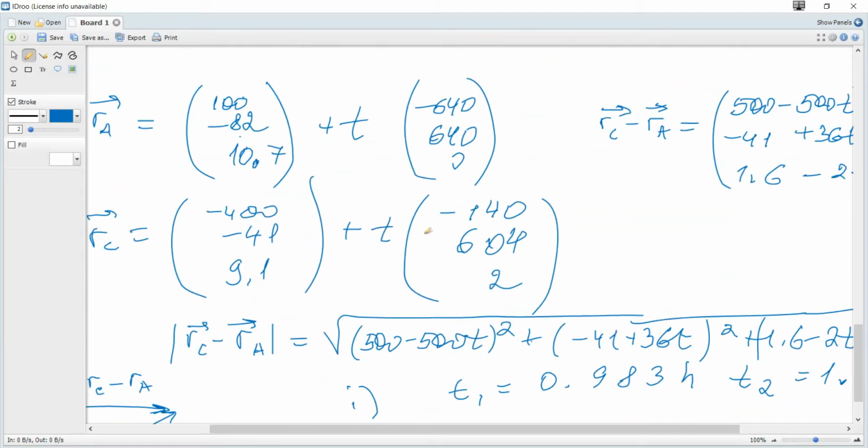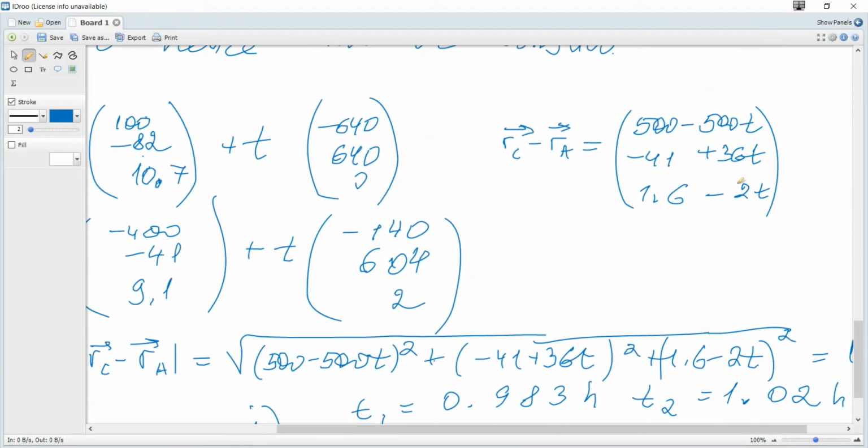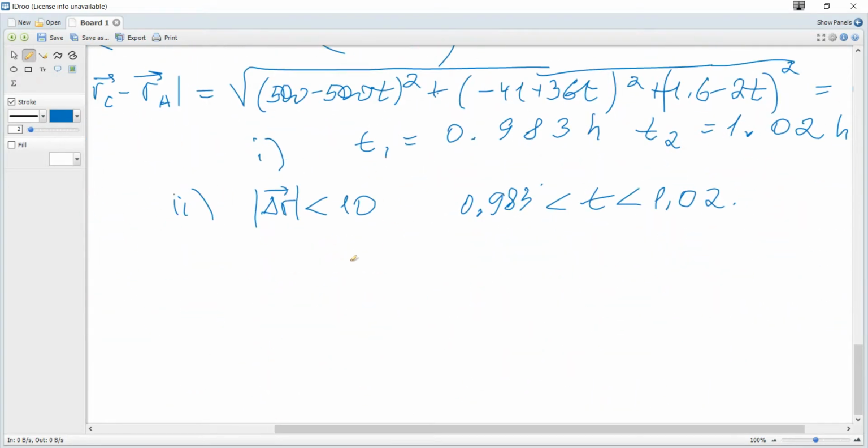The vertical distance between them is just that coordinate of this vector, so 1.6 minus 2t, and since it's only one coordinate, the magnitude is just the usual absolute value. Let's consider it to be less than 300 meters. Since we deal with kilometers and hours, it must be less than 0.3.